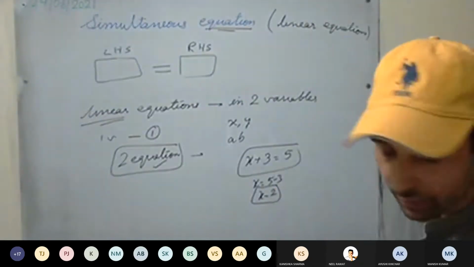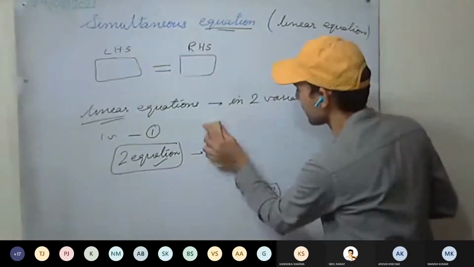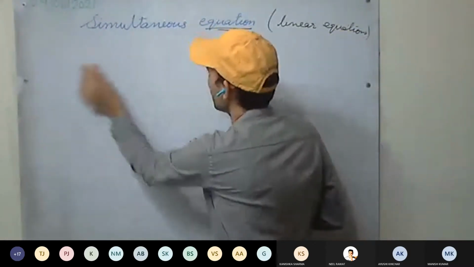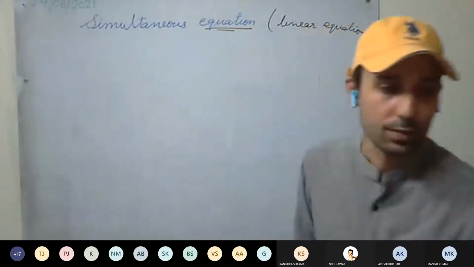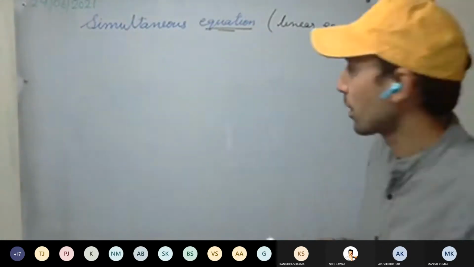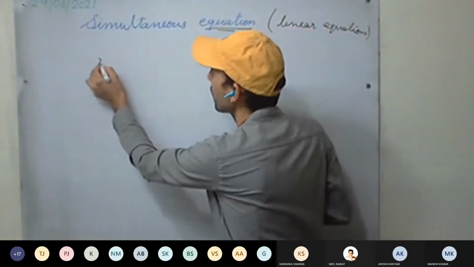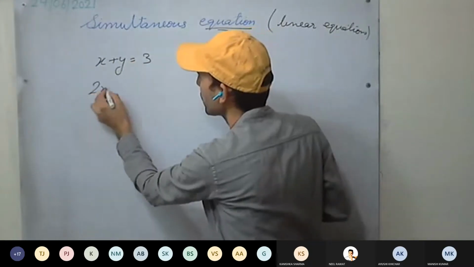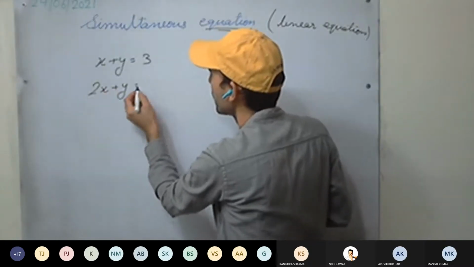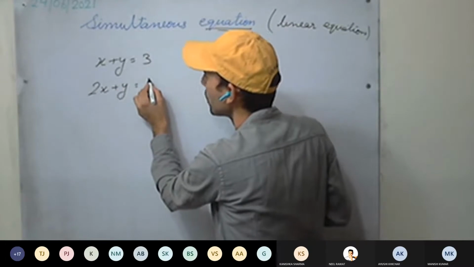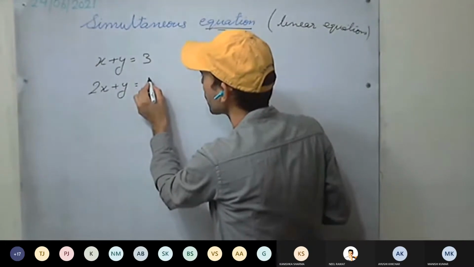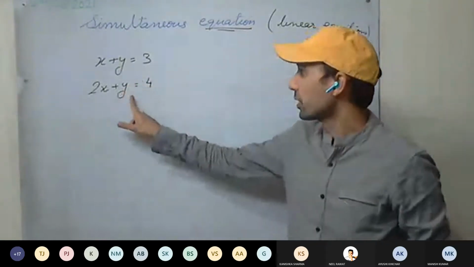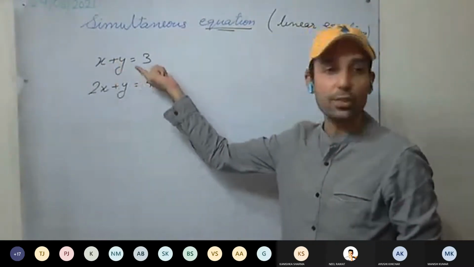If we have two variables, for example, x plus y equal to 3 and 2x plus y equal to 4, check the first equation.